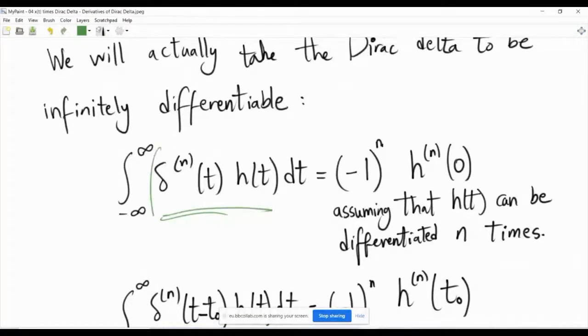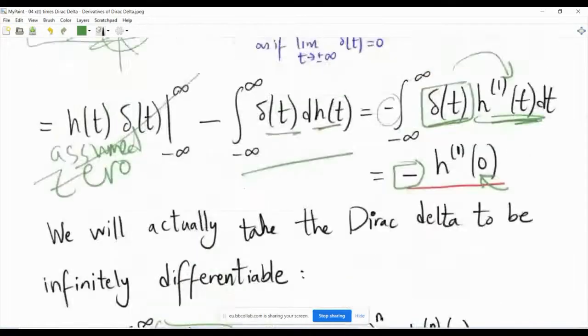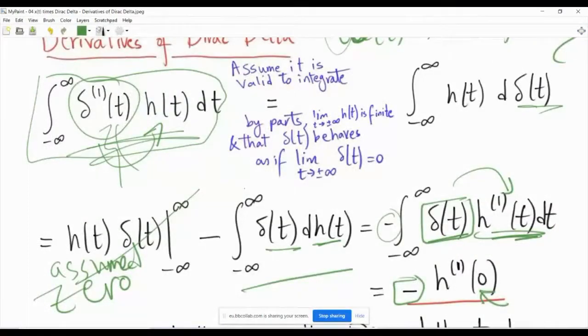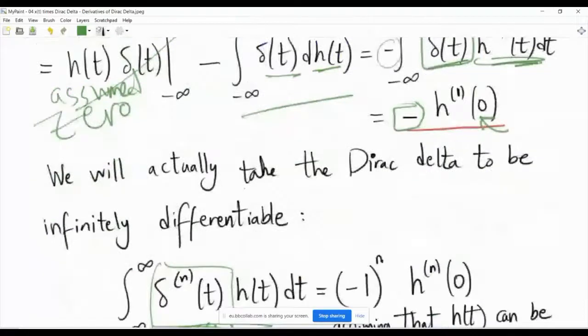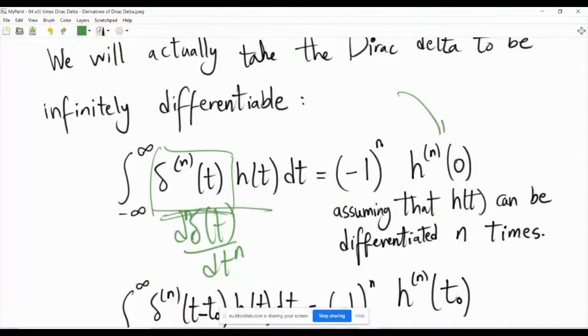So for the nth derivative of the Dirac delta, its impact on h of t, quote unquote derived using integration by parts, is that you evaluate the nth derivative of the function, assuming it exists, at the origin. And there will be a minus 1 to the power n, because at each step of the integration by parts a minus sign is flipped.